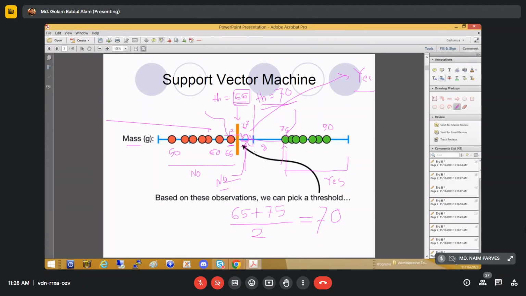That's the logic why we put the planes, hyperplanes, threshold or line at the middle. In support vector machine, we will also try to find the hyperplane, and that hyperplane we should put at the middle.